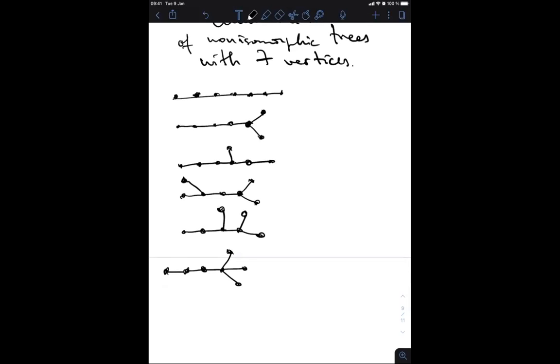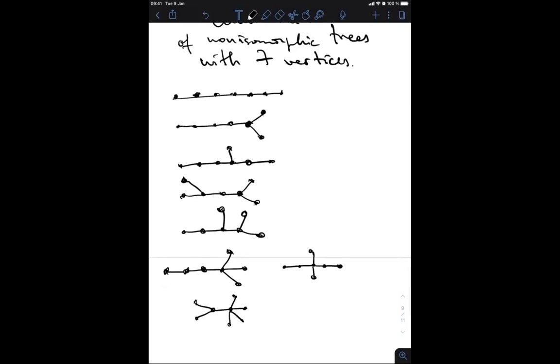What can we have, something else? Yes, we can have a situation like this. A vertex of degree 4 and a vertex of degree 3. By the way, we can also have a thing like this, I guess.